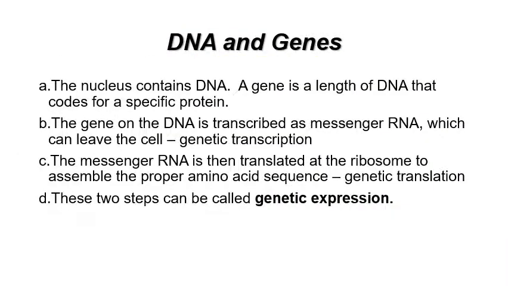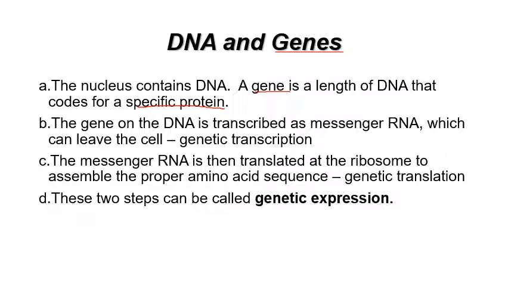And like I already said, DNA contains genes on it. We have 23 pairs. Humans have 23 pairs of chromosomes. And a gene is just a length of the DNA that contains the code for a specific protein. Okay. And there are multiple genes on each chromosome.